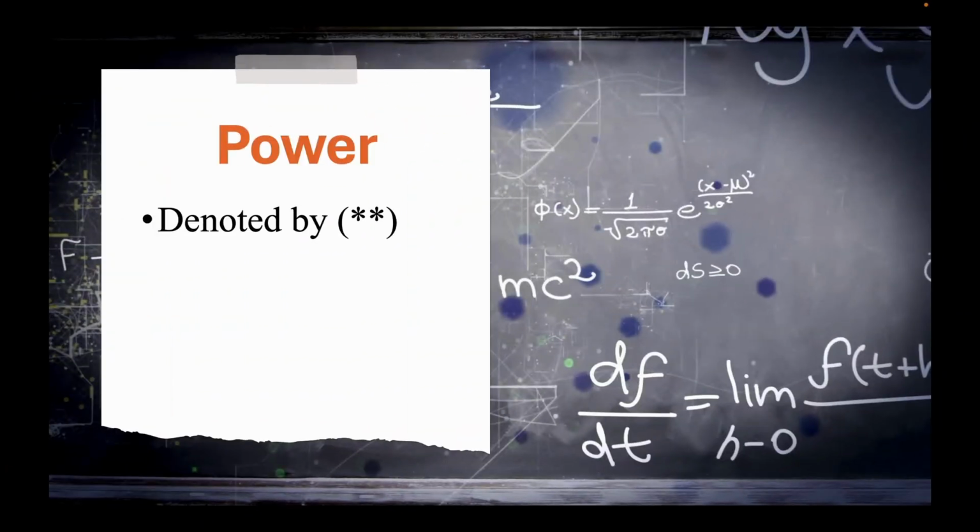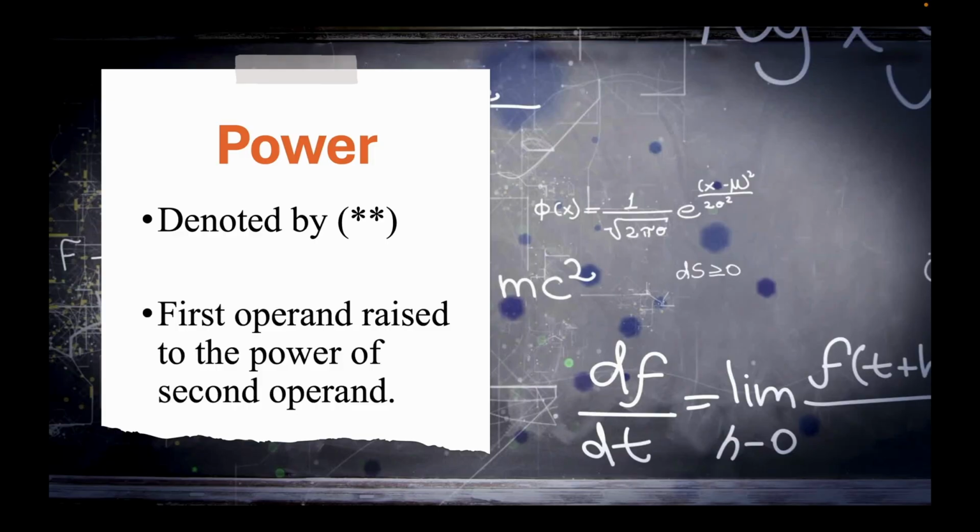Finally, we have power operator or exponentiation operator, and this operator is used to raise one number to the power of another, and it uses a double asterisk. Now let's open our Jupyter notebook and try it.